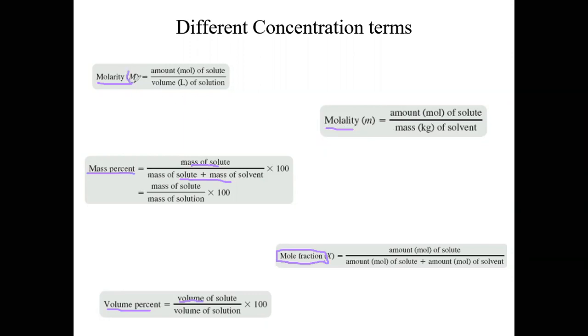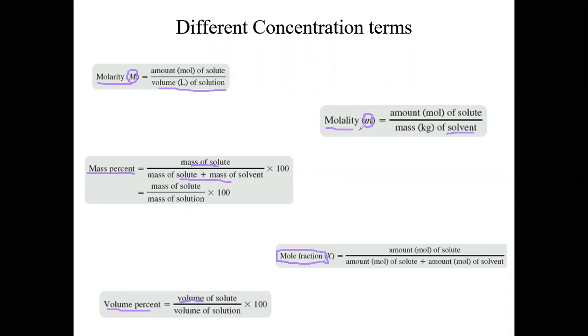Molarity is a capital M symbol. Molality is a lowercase m symbol. They're both units of concentration, but molality is moles of solute over kilograms of solvent. So notice the difference between molarity and molality. Molarity is moles of solute over volume of solution.